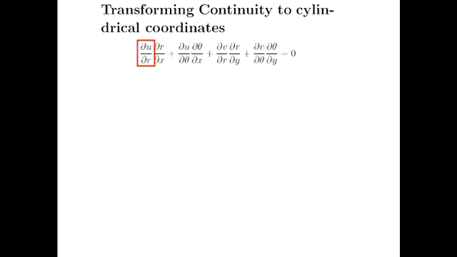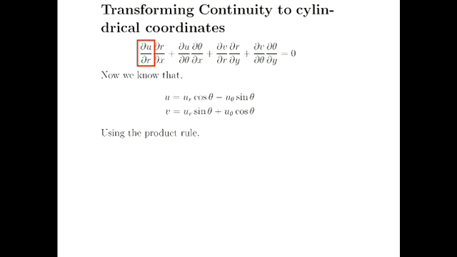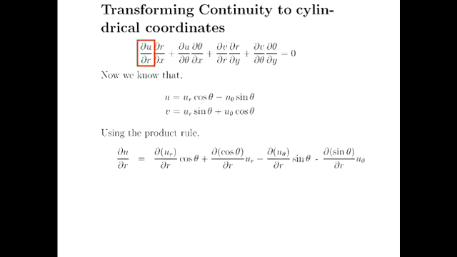So, for example, if we take this du/dr term, we know this relationship between u and the radial and the azimuthal component of velocities and that angle theta, okay? So I can easily write out an equation for du/dr, okay? Again, it's not a lot of fun. I have to expand it using the product rule, but you've got to be clever again, okay?